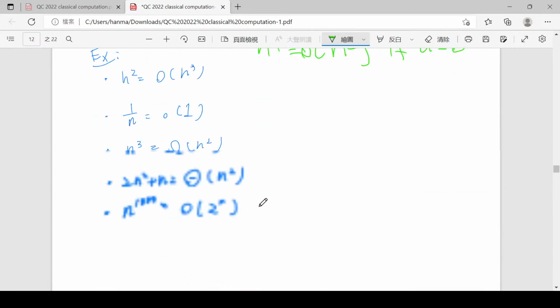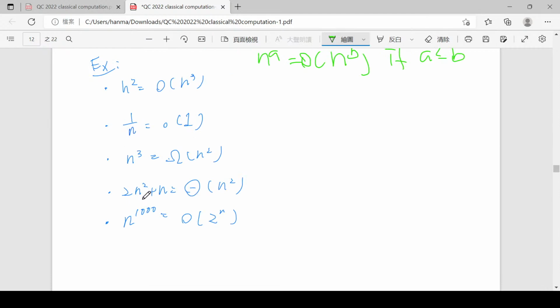For example, 2n squared plus n equals big theta of n squared. It means we think this scales as n squared. But sometimes people write this as big O of n squared. Well, that's not wrong, because big theta is a stronger condition than big O.